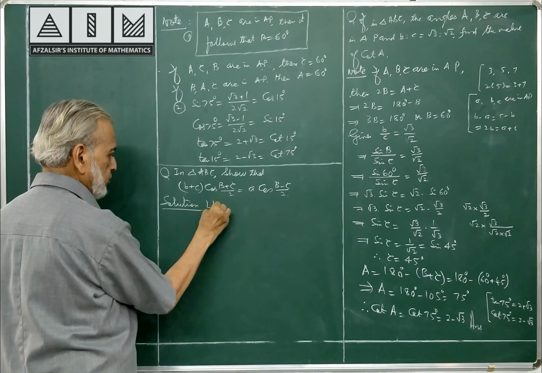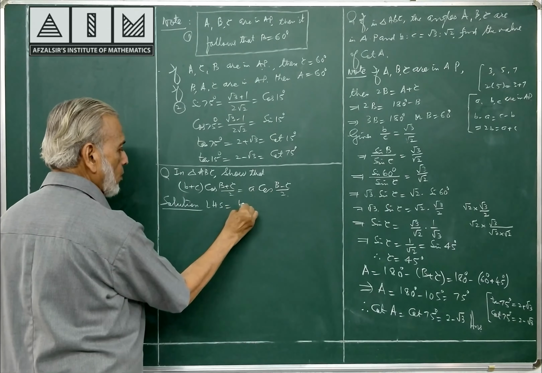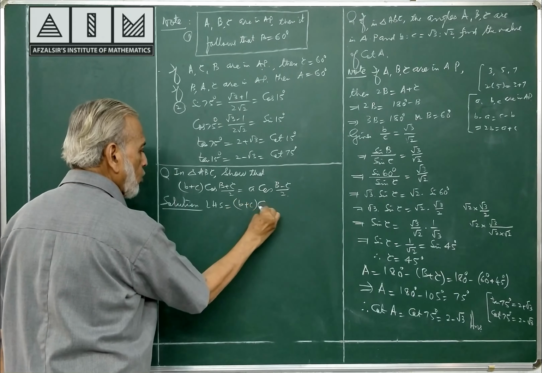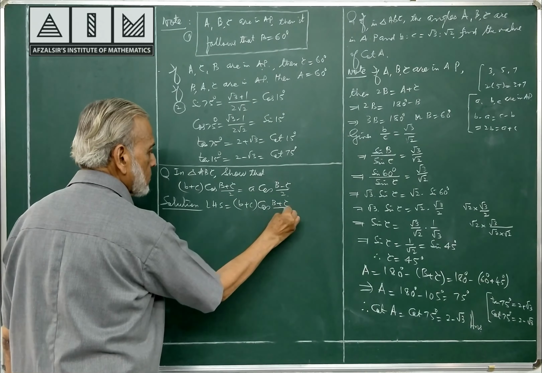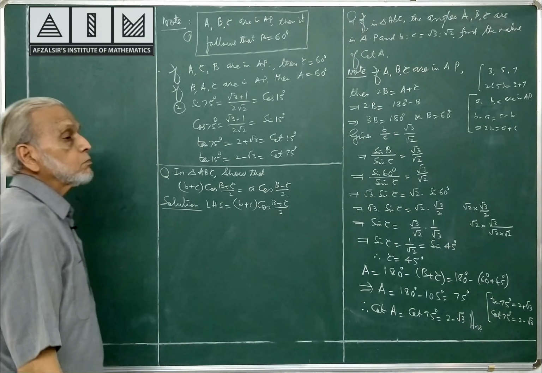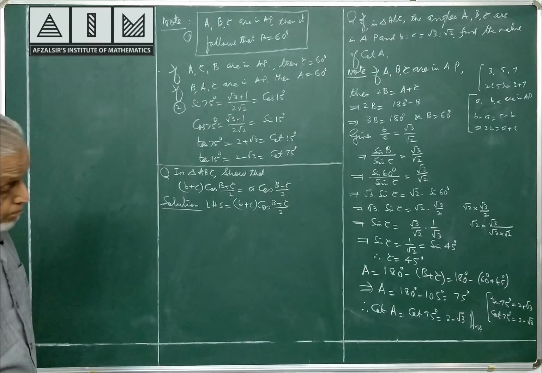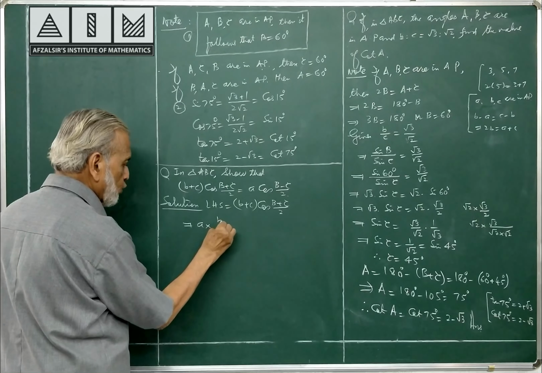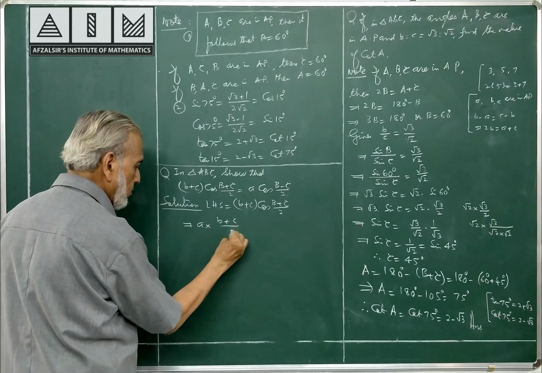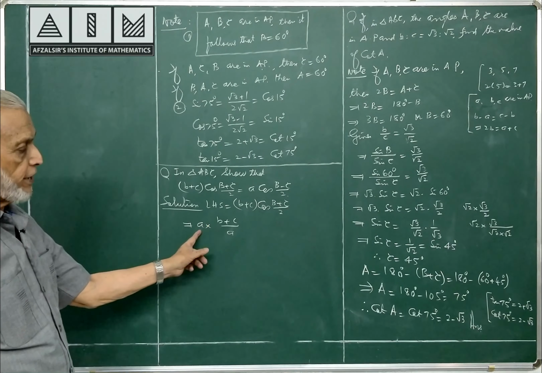the left hand side. (b plus c) cos (B plus C by 2). I am proceeding, please concentrate. Multiplying and dividing by a: a into (b plus c) by a.